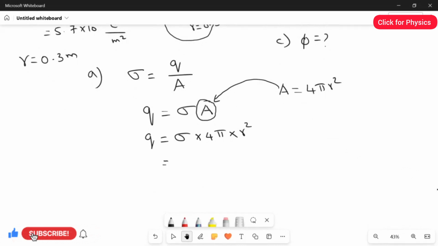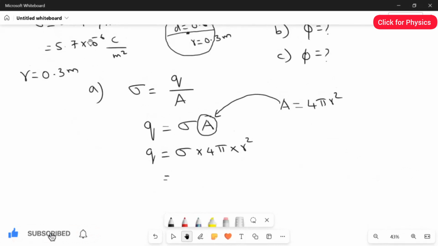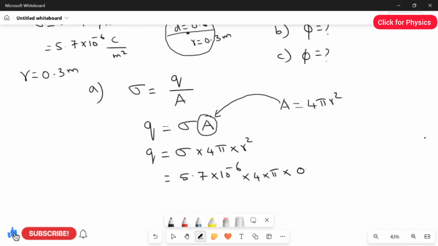The sigma value they gave is 5.7 microcoulomb per meter square. So 5.7 multiply 10 power minus 6, multiply by 4 pi, multiply by our value 0.3, and we have to square this number.